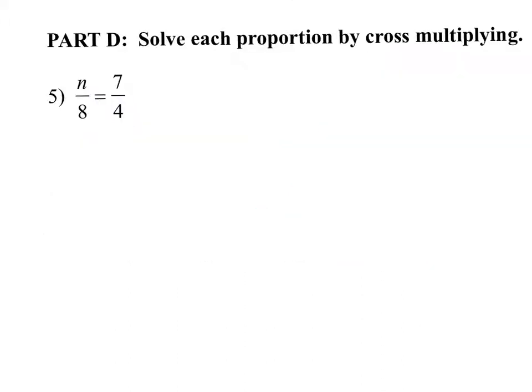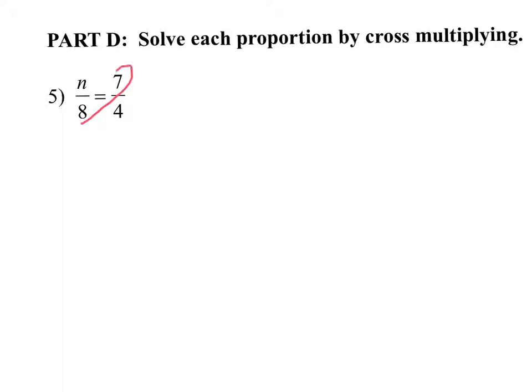All right, part D I put on your worksheet because you're going to need this later when we start solving for missing sides of similar shapes. So something you need to know how to do is cross multiply, solve proportions by cross multiplying. So we want to solve this proportion for n. You might remember this from middle school.